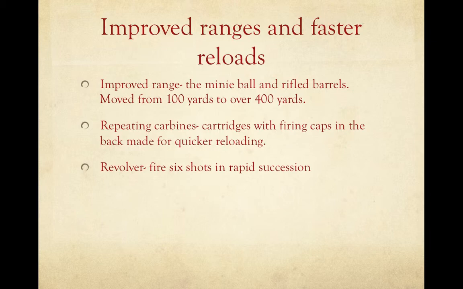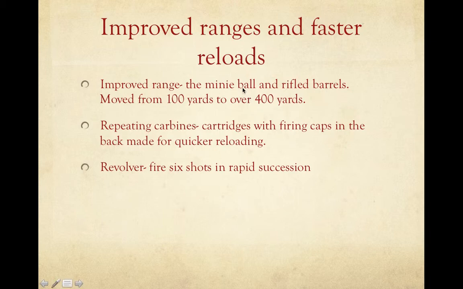It took me forever as a kid to learn how to throw a spiral football, and when I finally got it, it was like a big accomplishment for me. But the idea is, by spiraling the ball, it keeps it from tumbling around, and it actually makes your passing more accurate. Same thing with the rifling of the barrels. By spinning the mini ball on itself, it made it more accurate over distance.